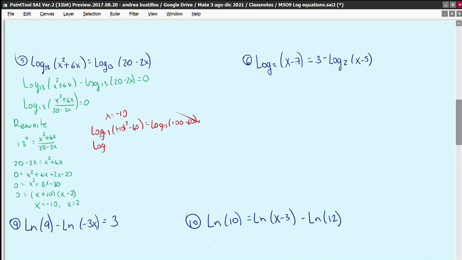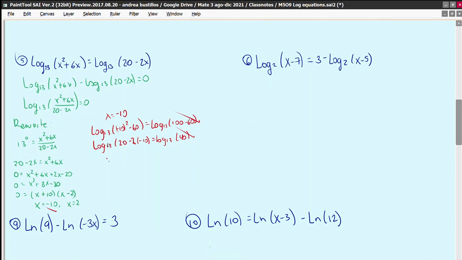Next one is logarithm base 13 of 20 minus 2 times minus 10. So this is logarithm base 13 of 20 plus 20. This is 40. So obviously positive, so this is a solution.